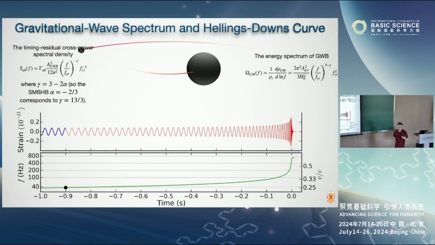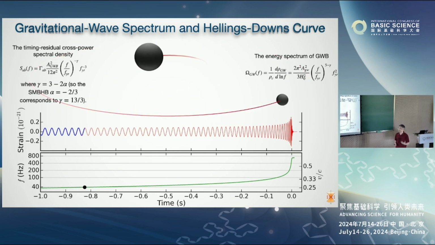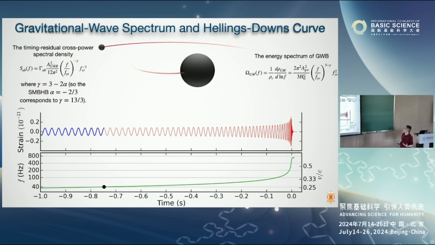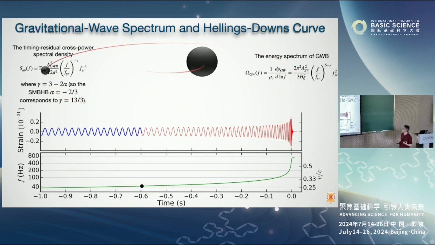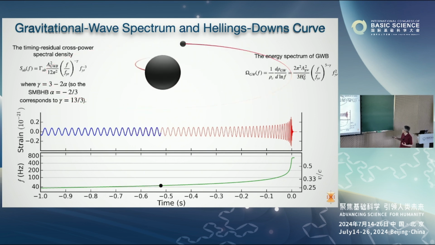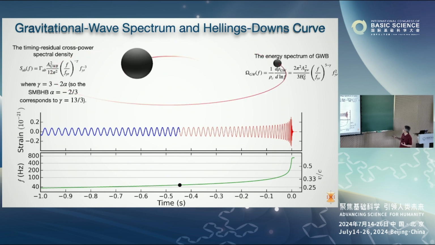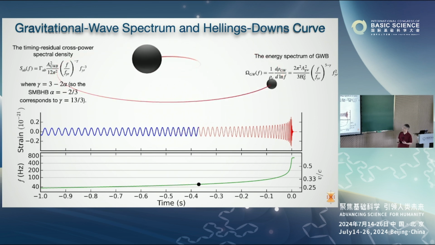So how can we say we detect such a background or not? First of all, we should see a stochastic signal with roughly a power law energy spectrum.